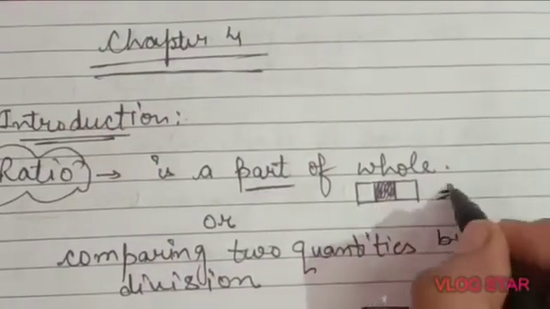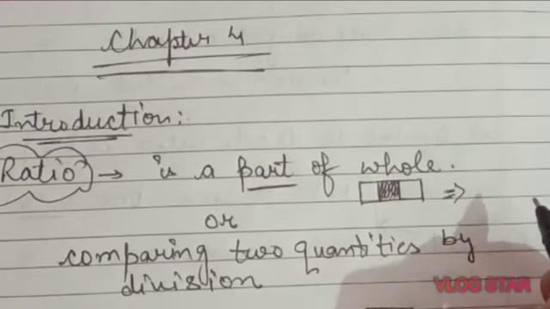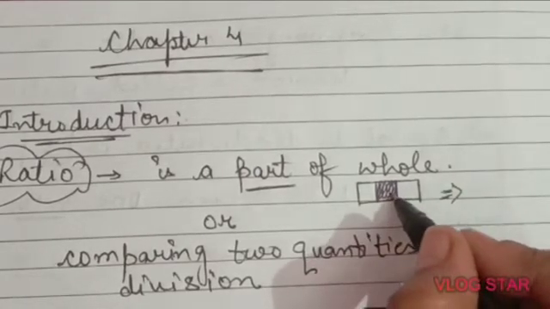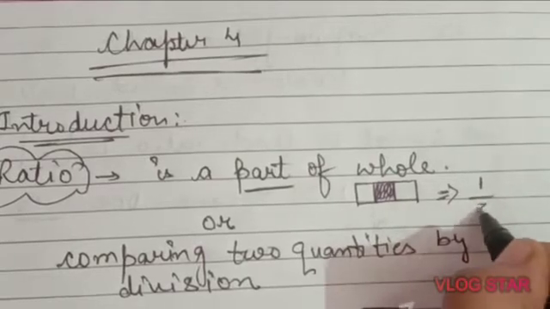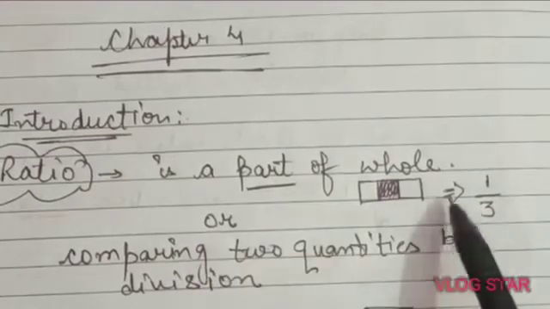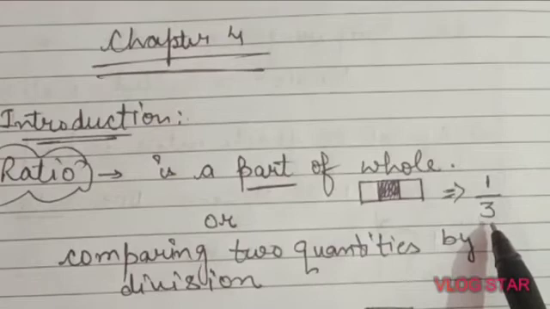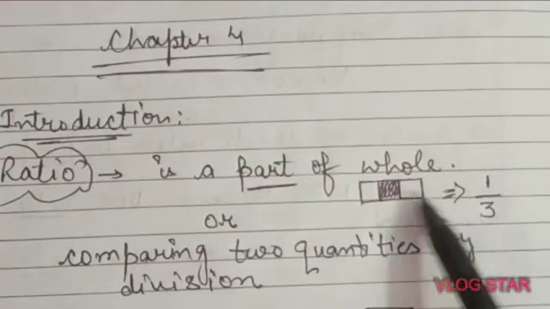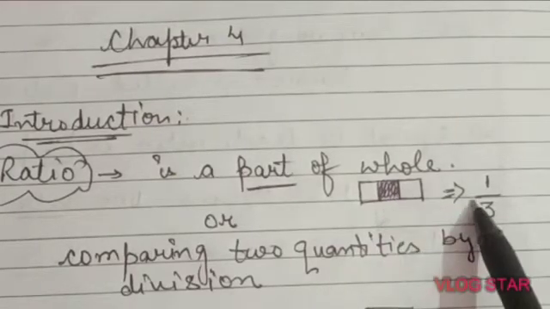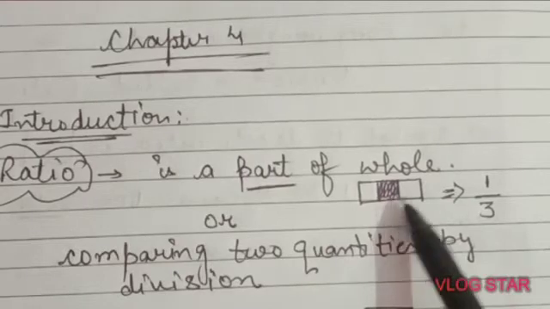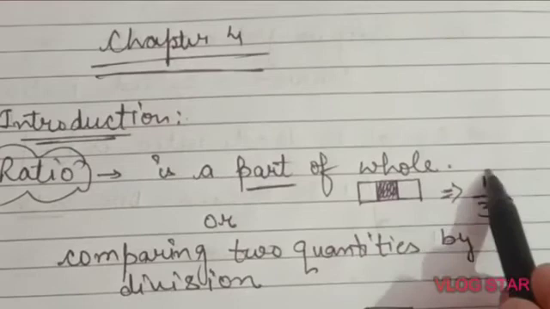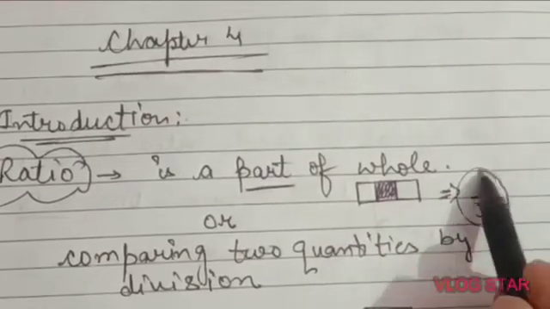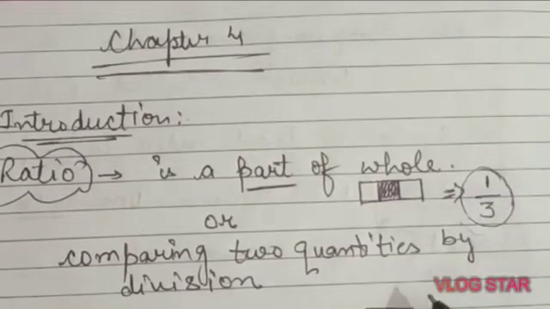If you have to tell the ratio of the shaded portion, then it is 1 out of 3. Means in total we have 3 boxes, out of which one is shaded. So in this figure the ratio of the shaded part is 1 by 3. Clear?